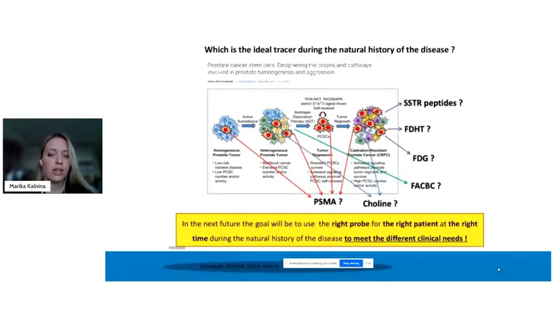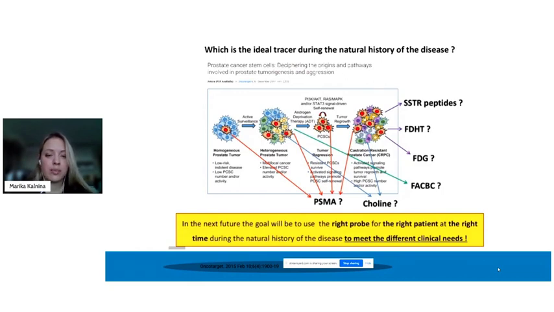There was also one paper showing how prostate tumorigenesis and aggression impact which tracer is ideal during the natural history of the disease, and we don't have an answer yet.